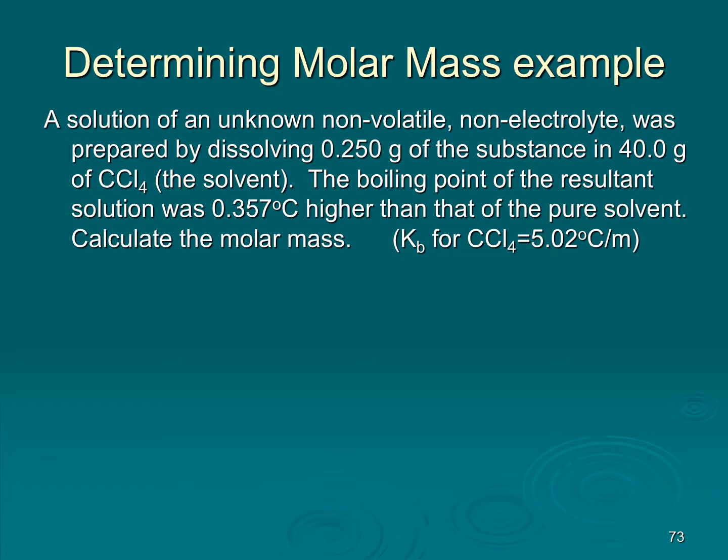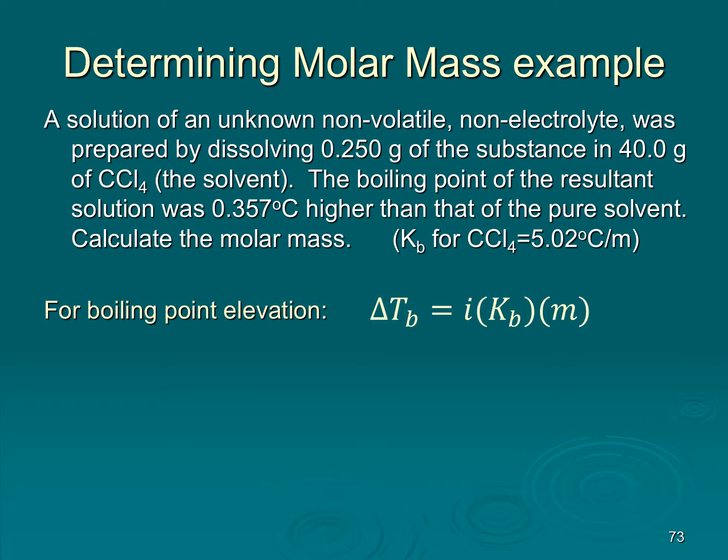All right, so first of all, since carbon tetrachloride is the solvent, we need to know that Kb is equal to 5.02 degrees Celsius per mole. And for the boiling point elevation, this equation is true: delta Tb equals i Kb m. Little i equals 1 because the question says it's a non-electrolyte, so we can ignore it.